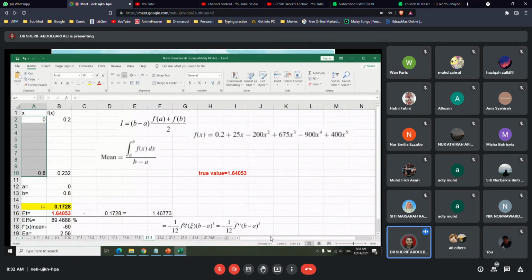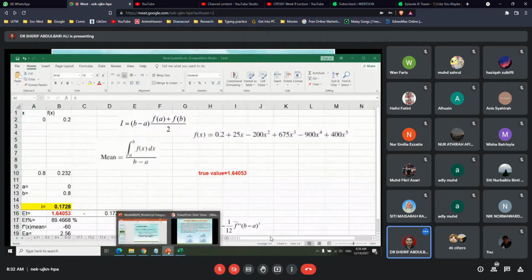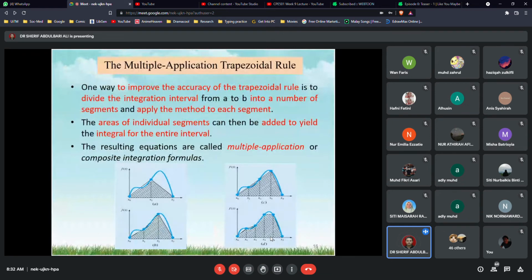So that's why the error is really high. If we use multiple segments of the trapezoidal rule, this is going to improve the accuracy and reduce the error.